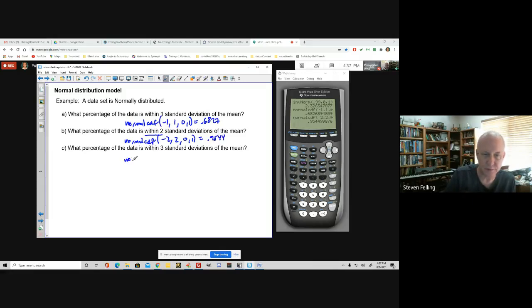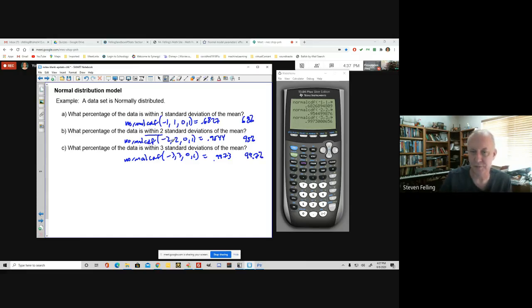And if I did the same within 3 standard deviations of the mean, so from -3 to 3, above and below the mean, we're going to get almost all of the data. That would give me 0.9973, right? So about 68% of the data is always within one standard deviation of the mean in a normal distribution. About 95% is within 2 standard deviations, and about 99.7% of the data is within 3 standard deviations.